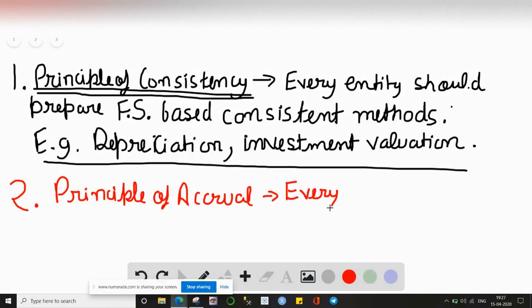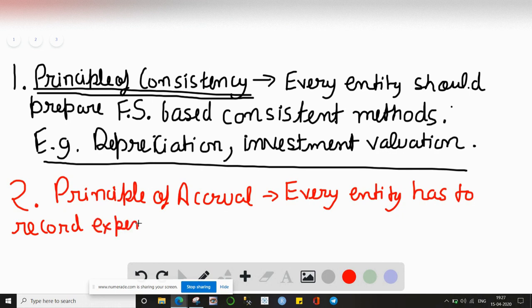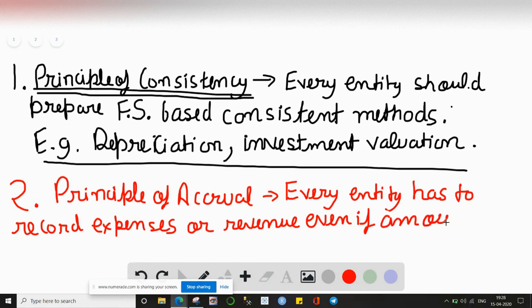Every entity has to record expenses or revenue even if not paid or received.